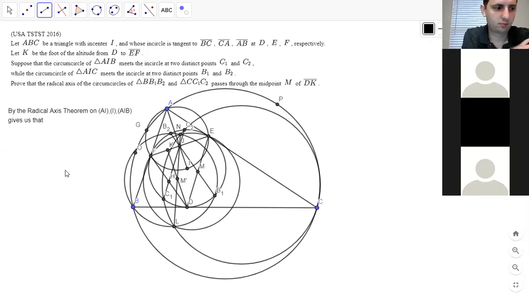Kind of like that. Yeah, it looks so close to Pascal's theorem, but it's not. If only J were on the circle.